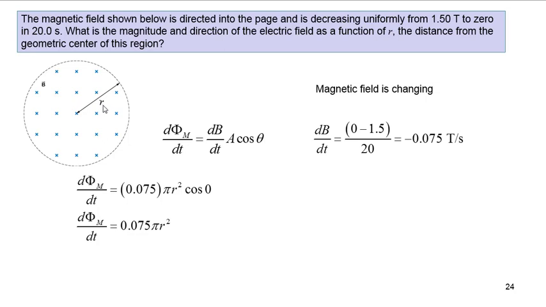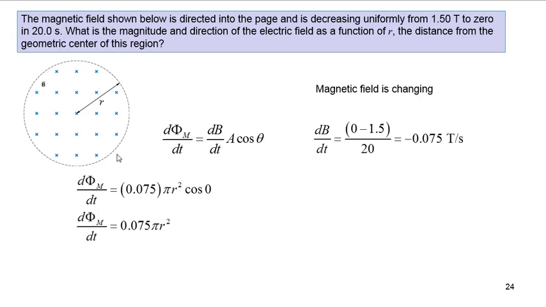I drew a loop of radius r, so the area of that loop is pi r squared. This gives me the rate of change of the flux through this loop. I don't have to worry about theta because the magnetic field is perpendicular to the plane of my loop. So that just gives me that my flux is changing at a rate of 0.075 pi r squared through this loop here.